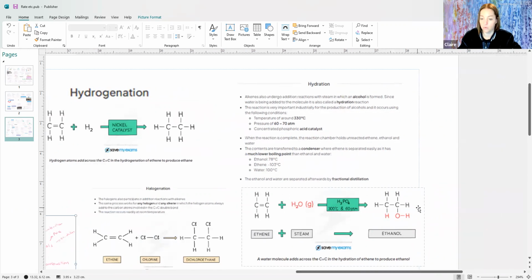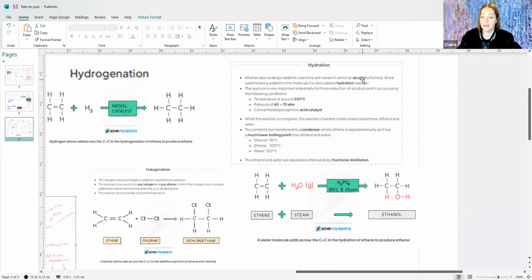What happens when you add water? You produce an alcohol. This is one of your functional groups you must remember. And this is over hydrogen phosphate. Does it say acid catalyst?